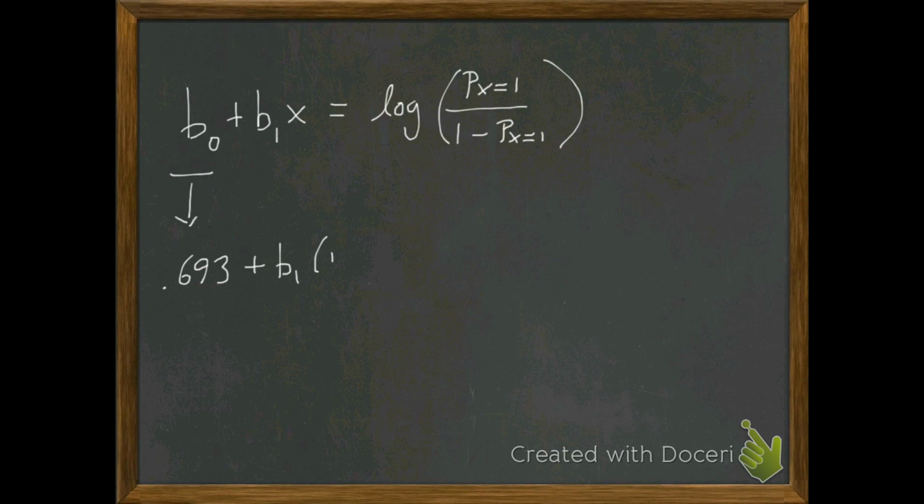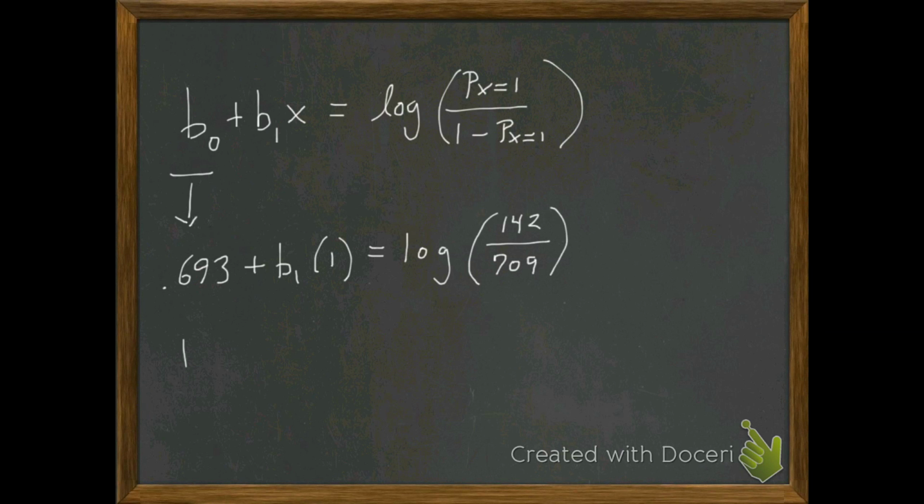And in this case, x is equal to 1. And we have the log of the odds of survival for a male, which were 142 to 709. Again, keeping in mind that in finding odds, we can either use the probability divided by 1 minus the probability, or we can do the count of a success, in this case survival, divided by the count of non-survival.